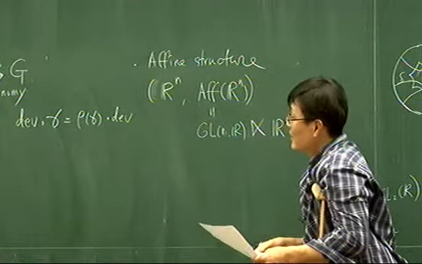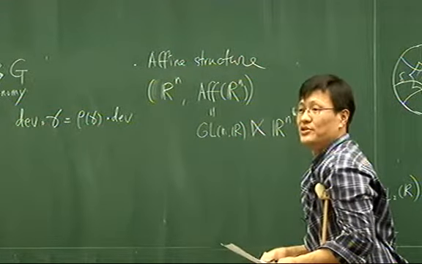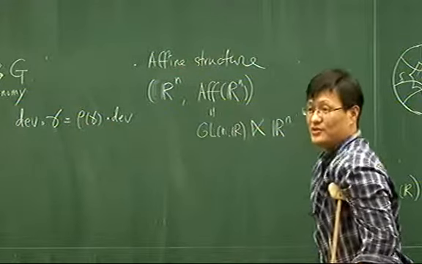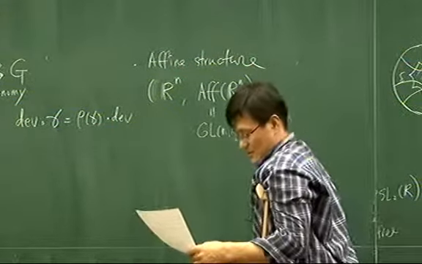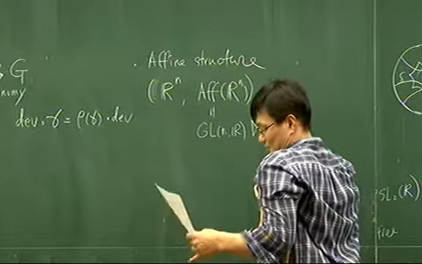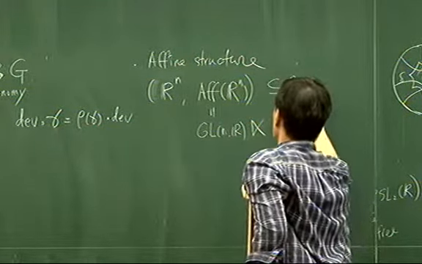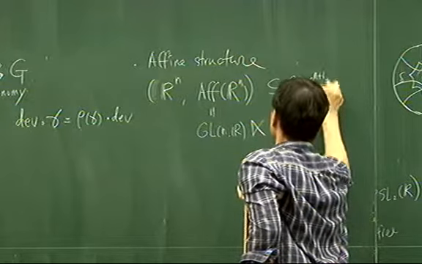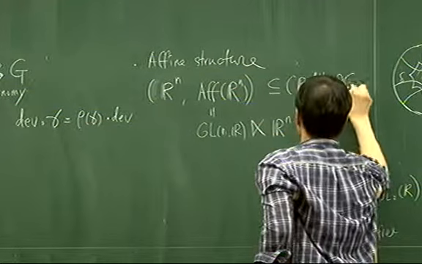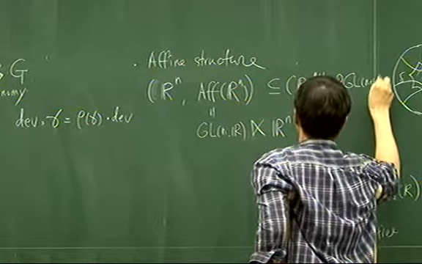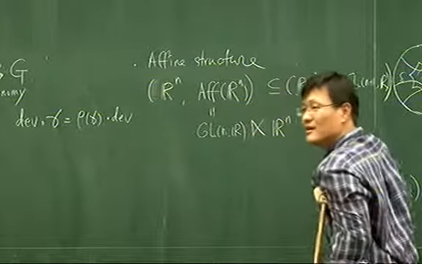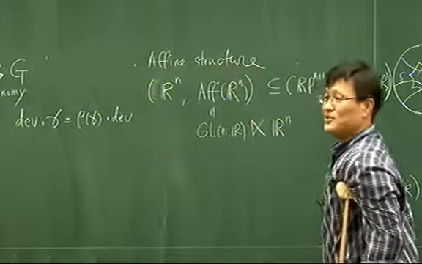Why is this a sub-geometric structure of the projective structure? It's easy. I told you this is a sub-geometry of RP^{n+1}, PGL(n+1, R). Why is this true?